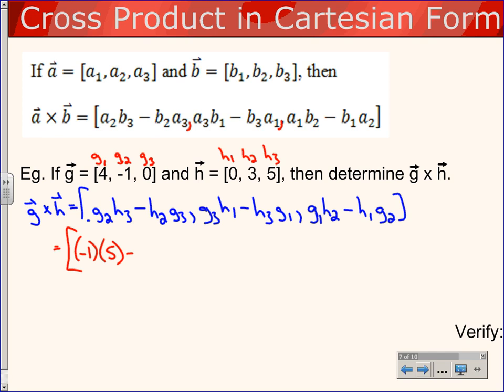Take away H2 G3. Hopefully that's our first component. G3 is 0 times 0 again, minus 5 times G1, which is 4.